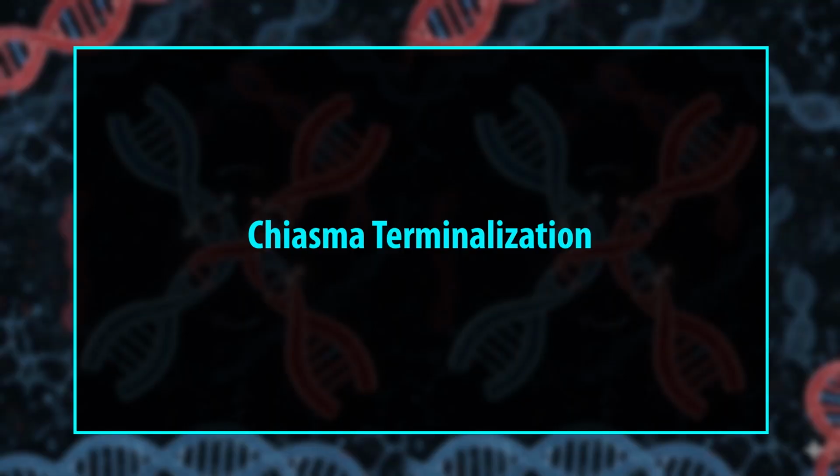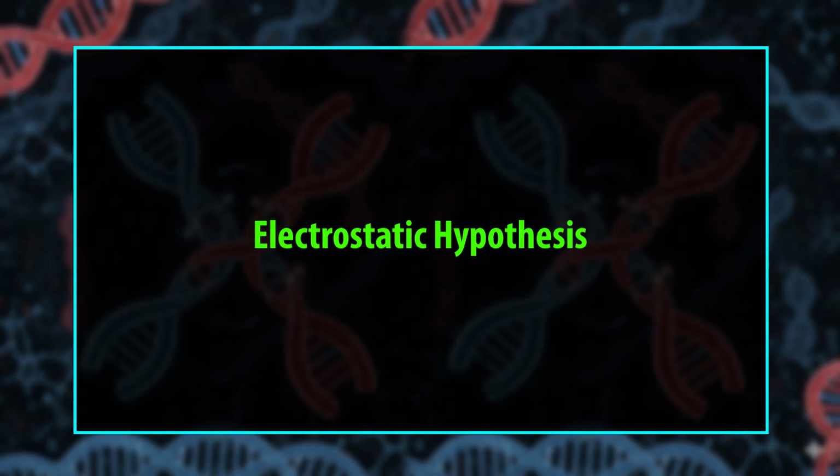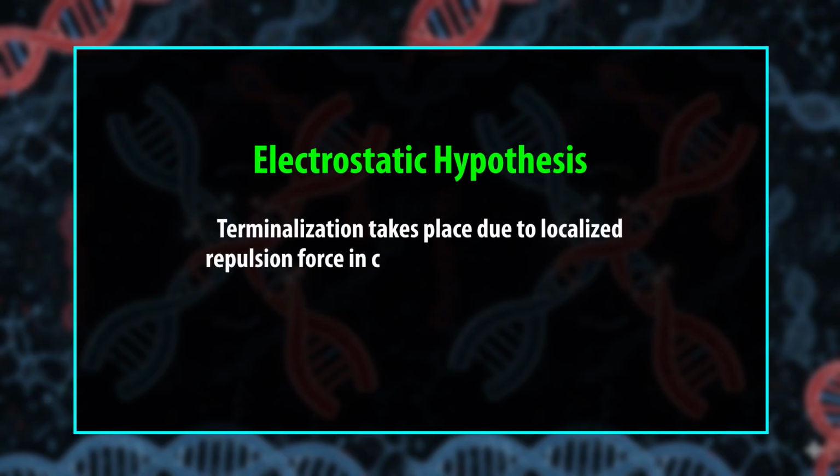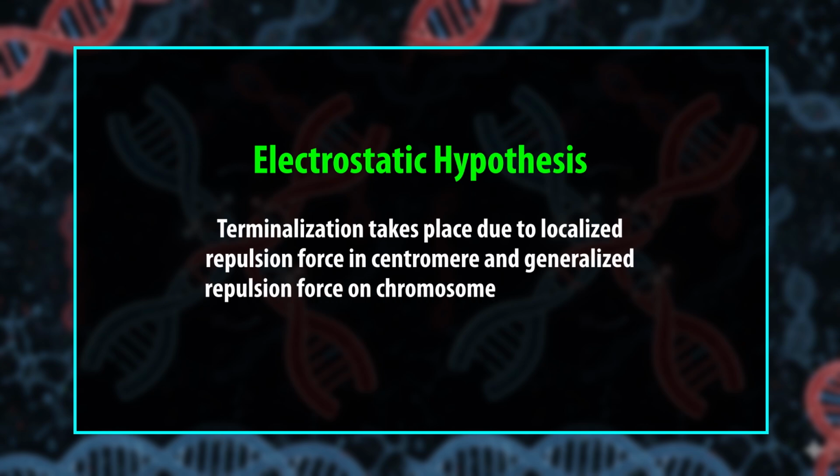Chiasma terminalization. Terminalization refers to the movement of chiasmata towards chromosome ends between diplotene and metaphase 1. It has been explained by three hypotheses. Electrostatic hypothesis. According to this hypothesis, terminalization takes place due to localized repulsion force in centromere and generalized repulsion force on chromosome surface during diplotene stage.